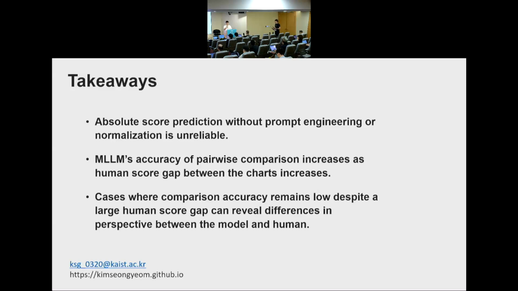But we decided to focus only on the visual attributes, the visual interpretation of the charts, and see the capability of MLMs in interpreting those visual attributes. So we just included the textual information like title, subtitle, or the source, and no other context, just a solely standing chart.